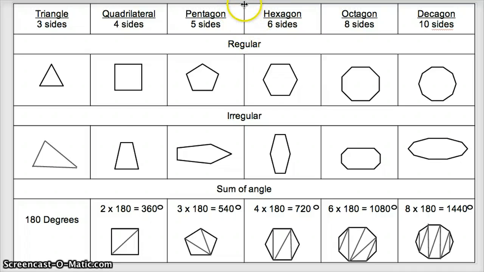A 7-sided polygon is called a heptagon, H-E-P-T. A 9-sided polygon is called a nonagon. Just in case you were wondering, 7-sided would go in between these, 9-sided would go in between these. But again, not a common one that you really need to know about.